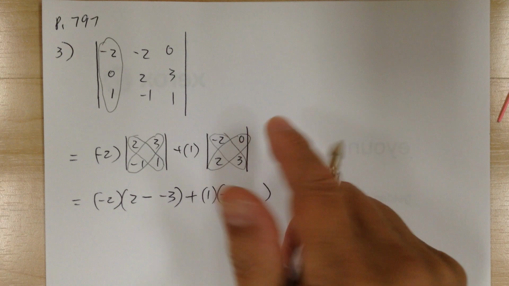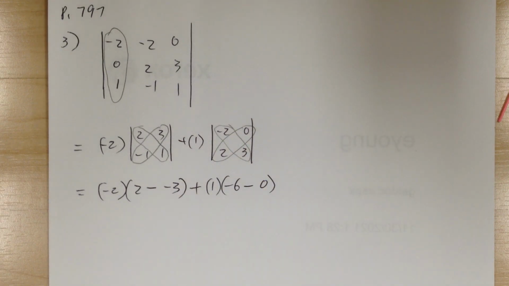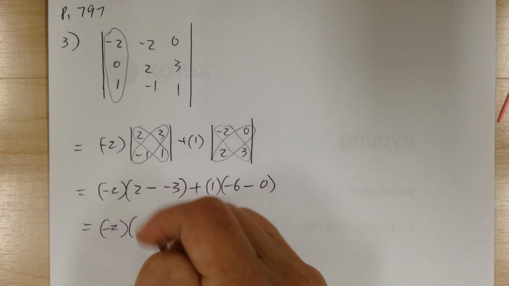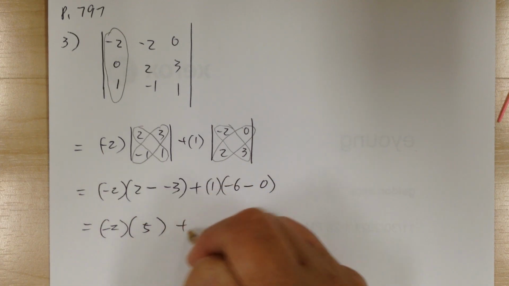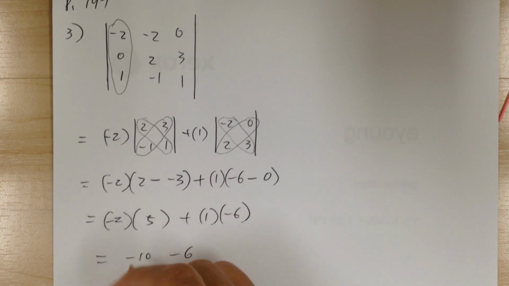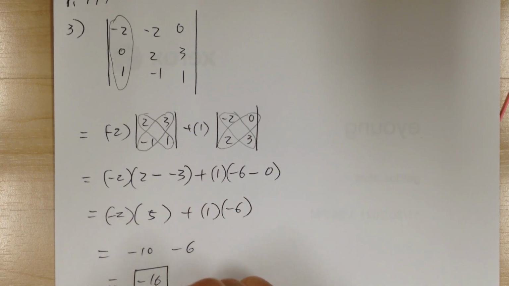Now anything times 0 is 0. So this is equal to negative 2 times 5 plus 1 times negative 6. So this is equal to negative 10 minus 6, and this will equal negative 16.